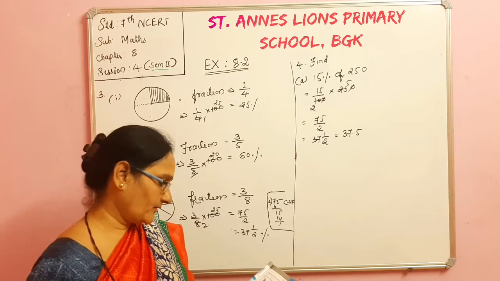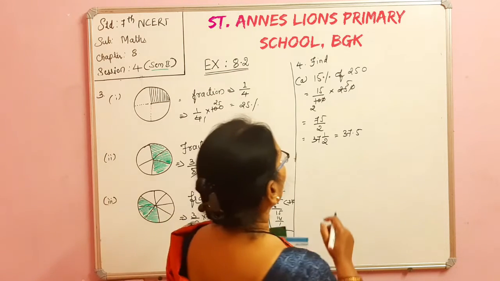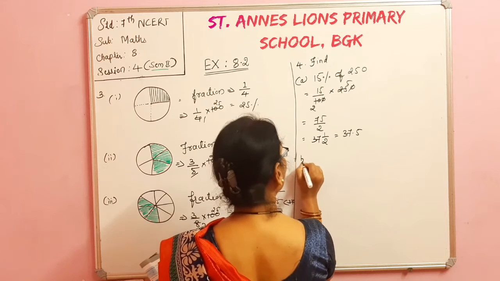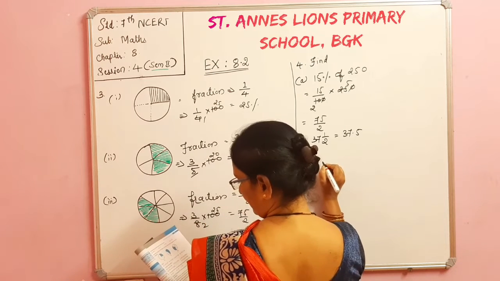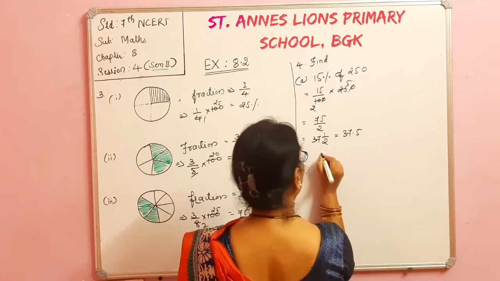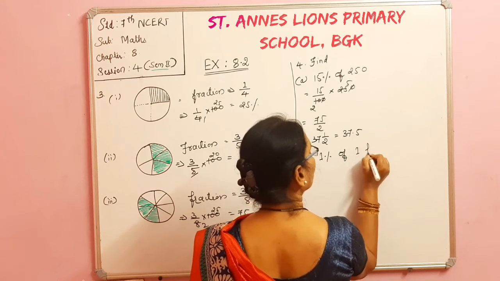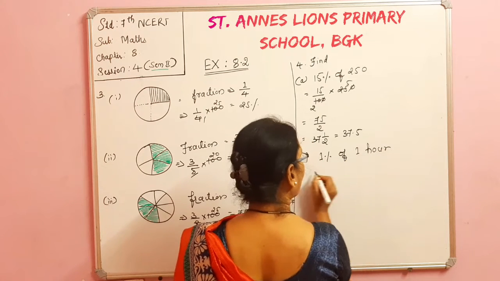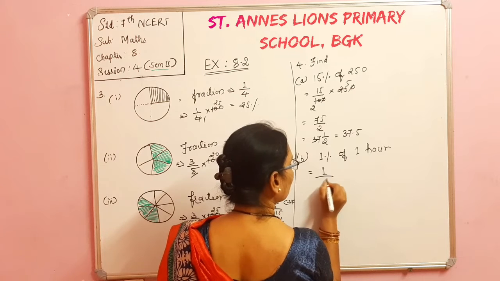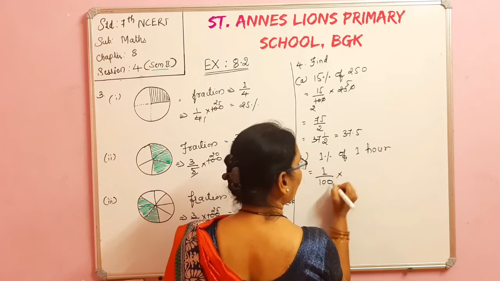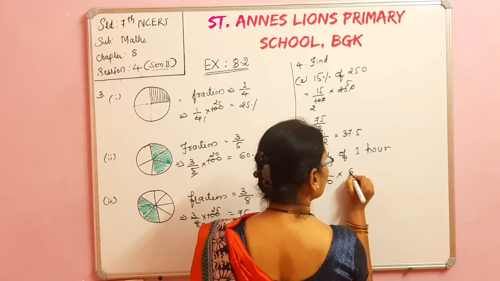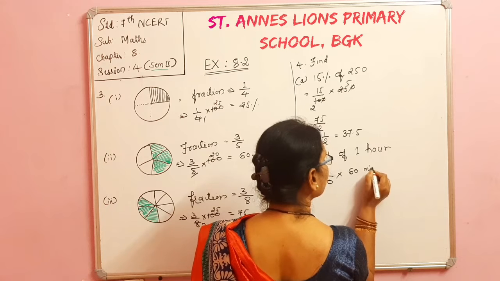Okay, I hope you are following. The same way, second one, B, 1% of 1 hour. See, 1% means 1 by 100. Of means into. 1 hour means 60 minutes.